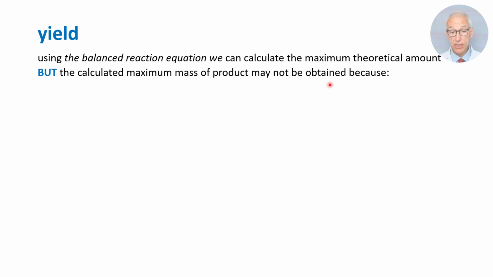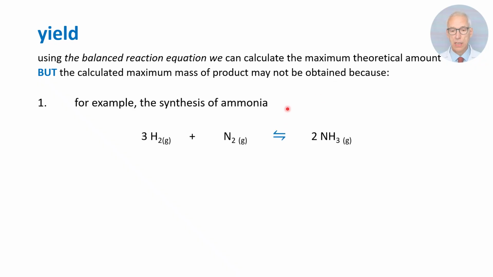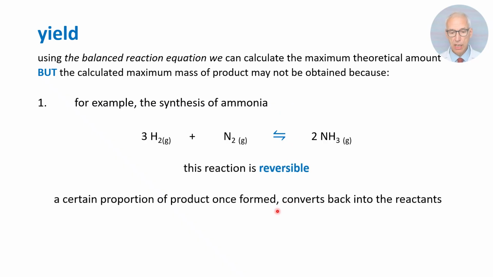AQA lists 3. For example, the synthesis of ammonia. This is a reversible reaction. A certain proportion of product, once formed, converts back into the reactant, so the maximum theoretical amount is not obtained.